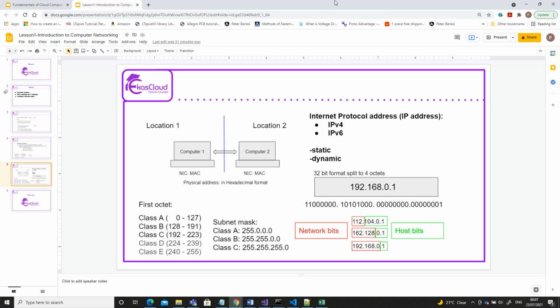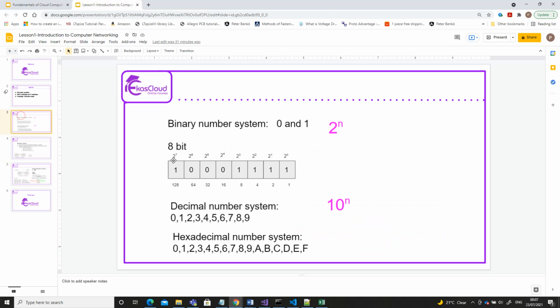But what we need to understand is that if we add all the possible values we can get from 8 bits, so if we come back to this slide, and we add 128, 64, 32, 16, 8, 4, 2 and 1, then we will get 255 as a result in decimal number.